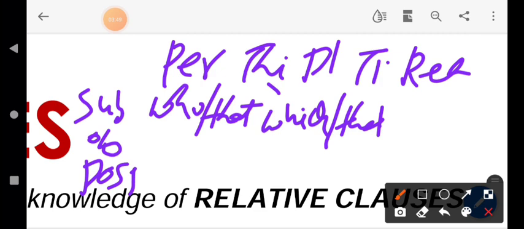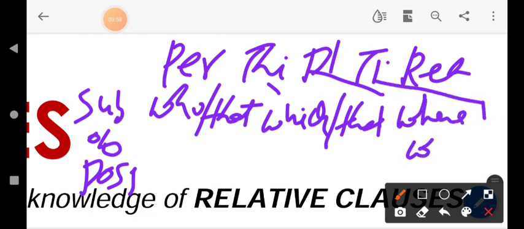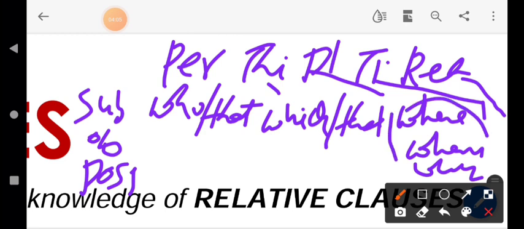For place, we use the relative adverb where. For time, when. Last one, reason. For reason, why. These are our relative adverbs. Where, for indication of the place. For introducing time, when.